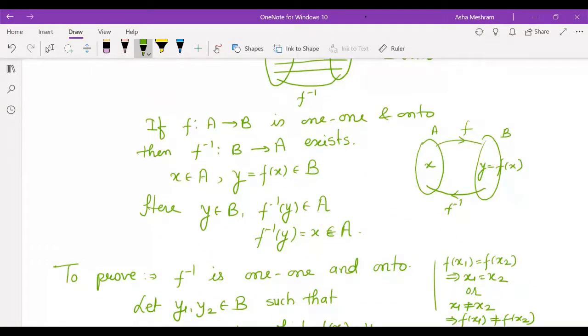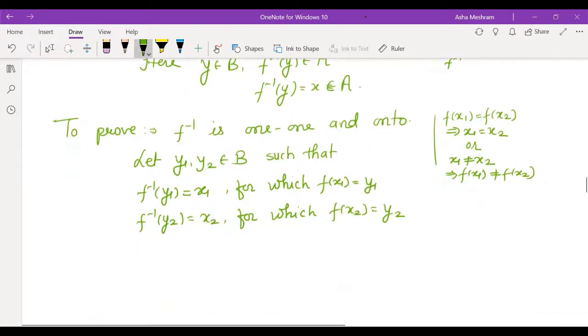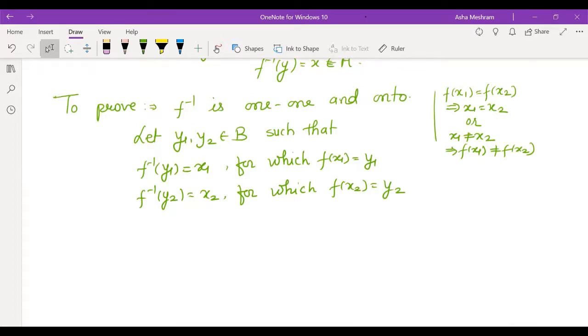Whatever was given, we have written. We defined the mapping f inverse, and now we start to prove 1 1. We have to show f inverse is 1 1, and here I use the first definition.